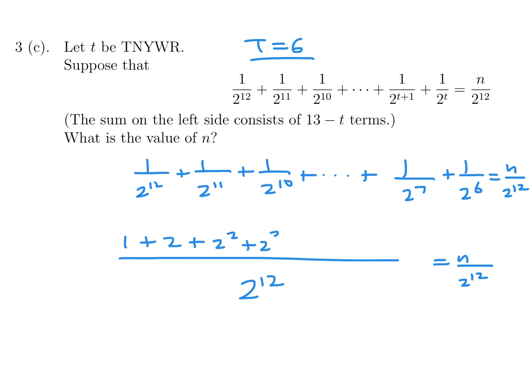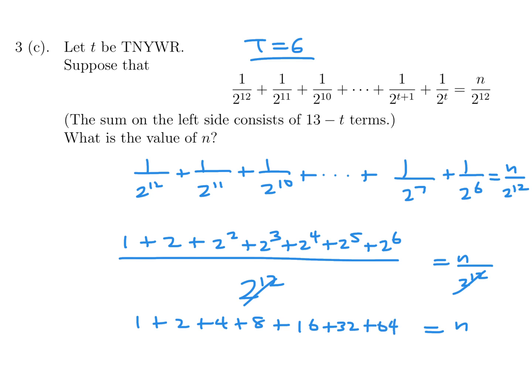So 2 to the power of 3, 2 to the power of 4, 2 to the power of 5, plus 2 to the power of 6. Yeah. Okay, so the 2 to the power of 12s are on both sides. We just get rid of that. Just put the n. So this is going to be 1 plus 2 plus 4 plus 8 plus 16 plus 32 plus 64. And when you add up all those guys, n would be, I believe, 127.